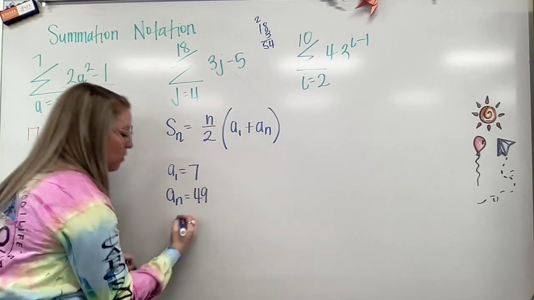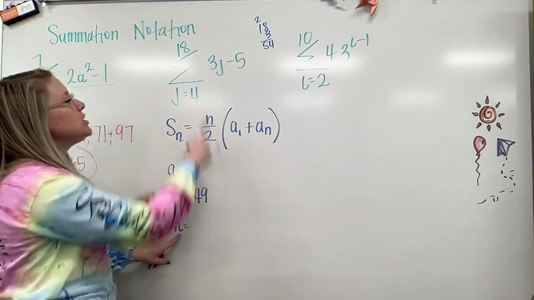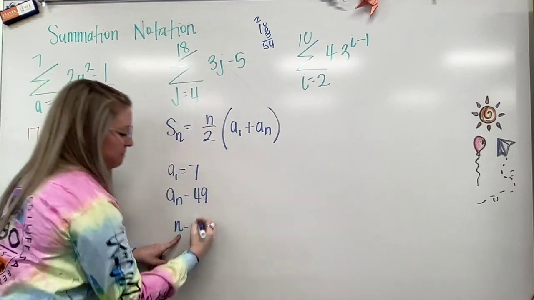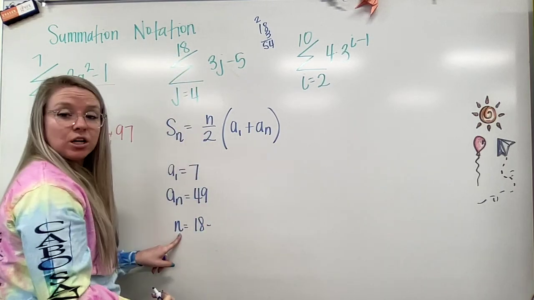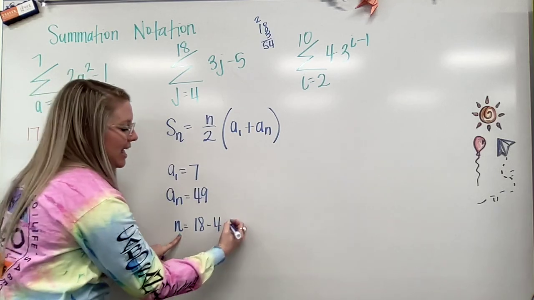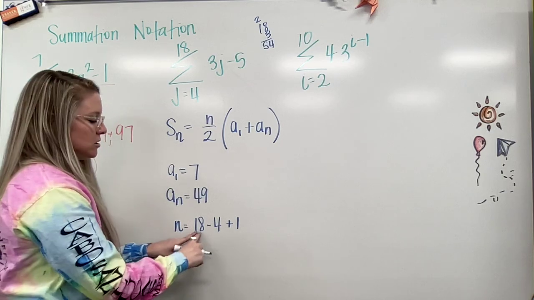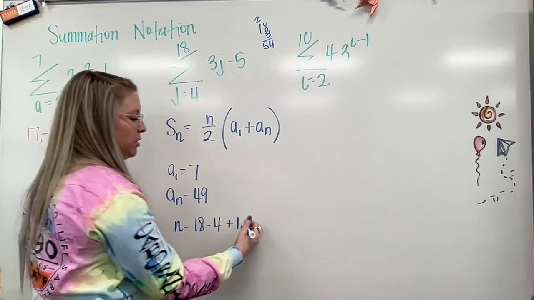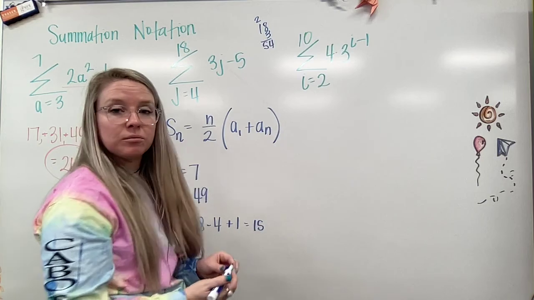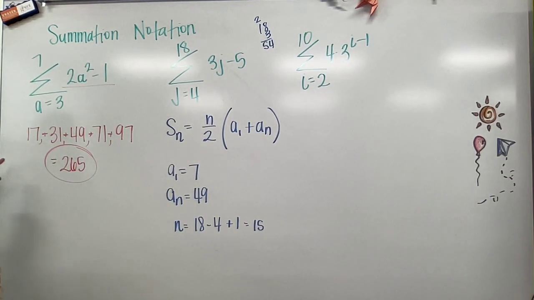Then I need to know how many terms I have. To figure this out, I'm going to take 18, my 18th term, minus 4, my 4th term, and I have to add 1 back on. So 18 minus 4 is 14, plus 1, I have 15 terms. The reason I have to do that, let's look back here real fast.